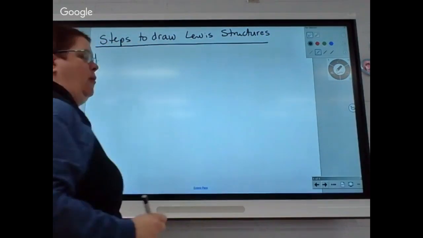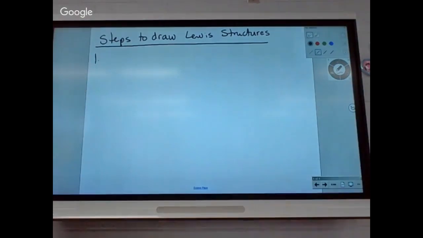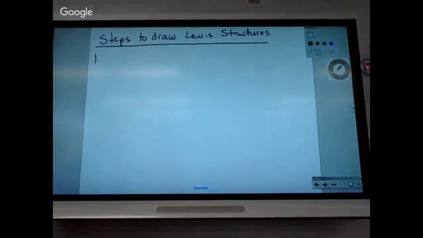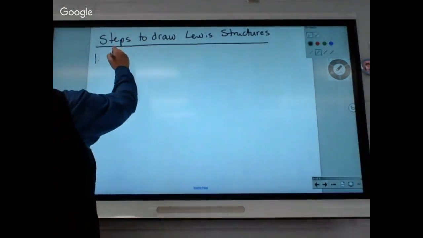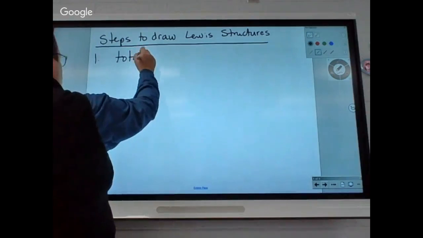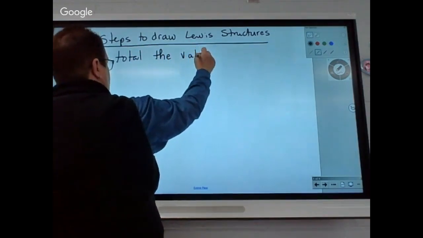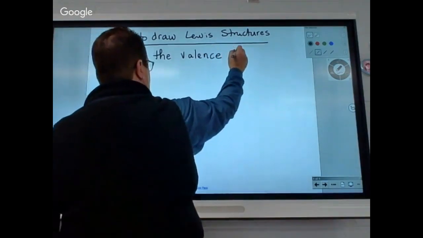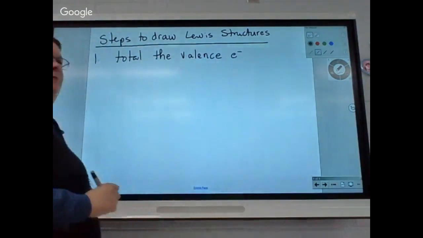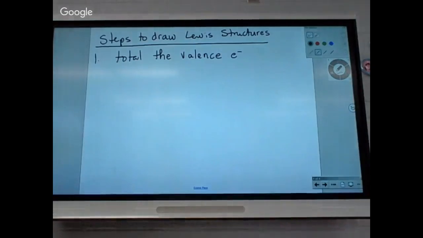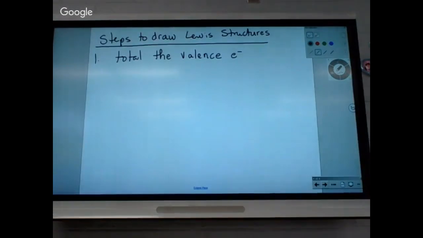All right. So what do we have to do to draw these Lewis structures? Number 1, you have to total the valence electrons. We got to count up and total the valence electrons.